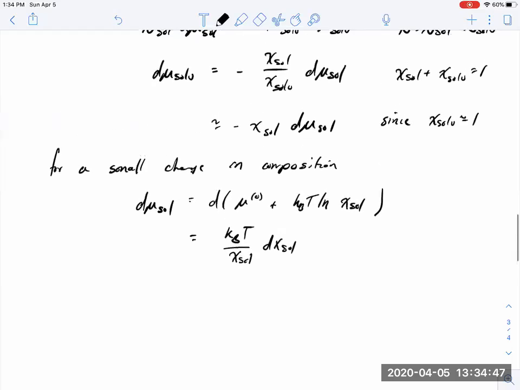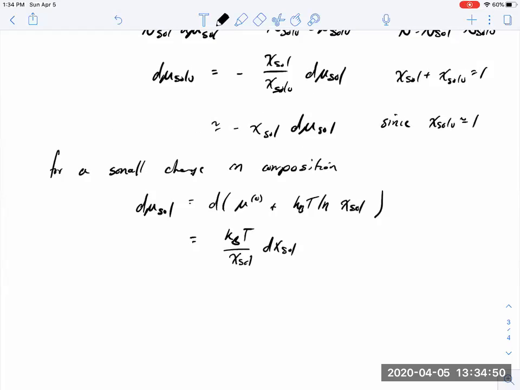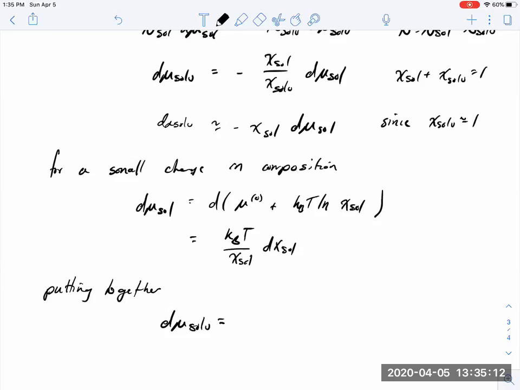If we were to put this together with this expression for the change in the chemical potential of the solvent, we find that the chemical potential change of the solvent is equal to minus kBT.